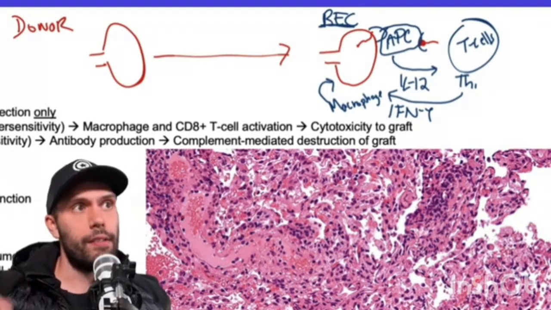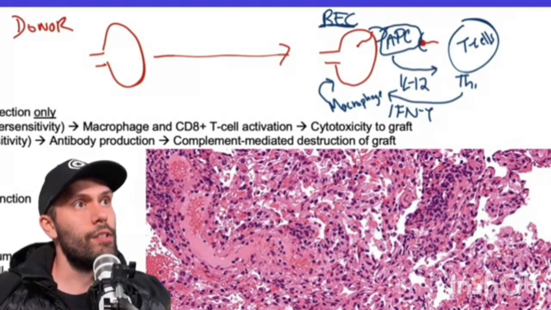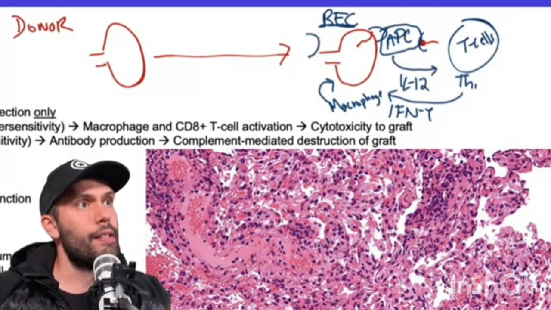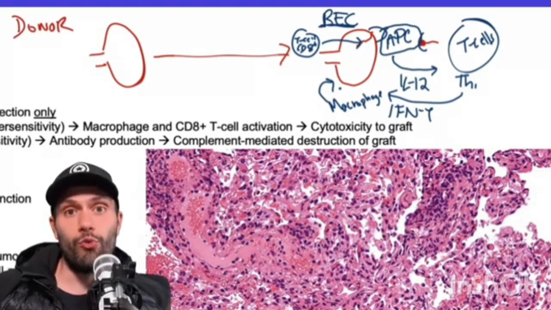This process here, along with potentially CD8 positive T cells, right? If you factor in some CD8 positive T cells here, so we're just going to put T cell, CD8, you might have some CD8 positive T cells that also recognize these antigens and also start destroying the tissue here.